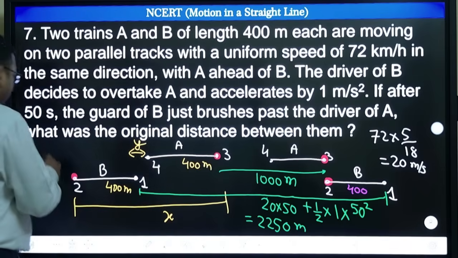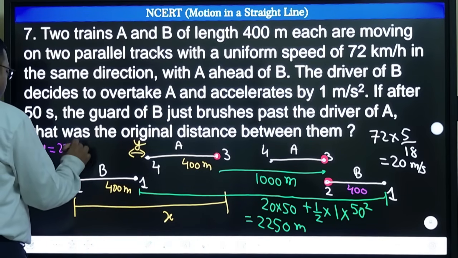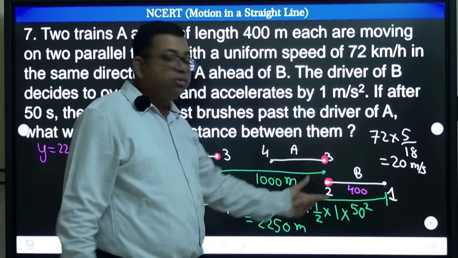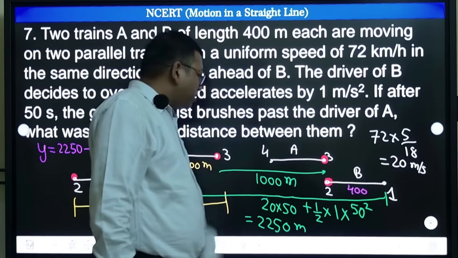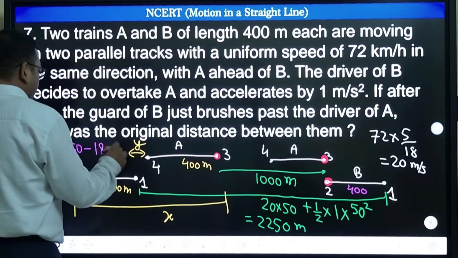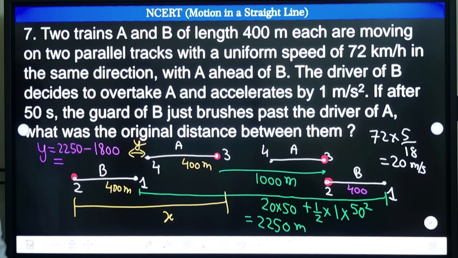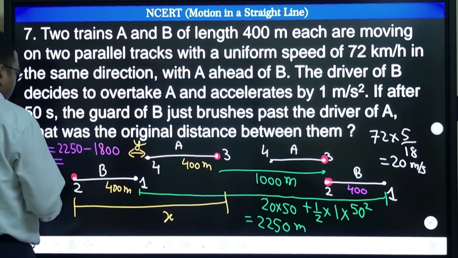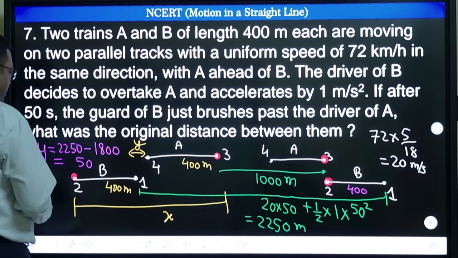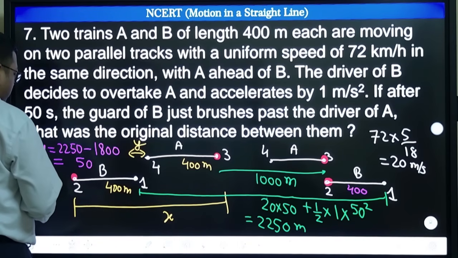So you can calculate y very easily here. y will be 2250 minus how much? 400 plus 400, 800. 800 plus 1000, 1800. How much will it come? Calculate this y. So this will come 50, and then here 4, correct?